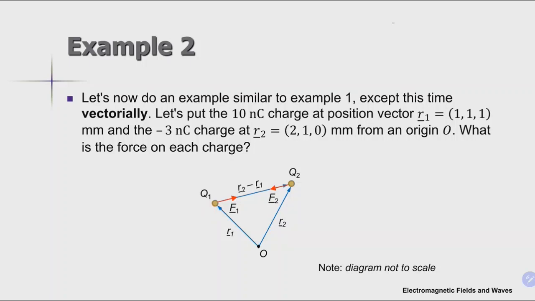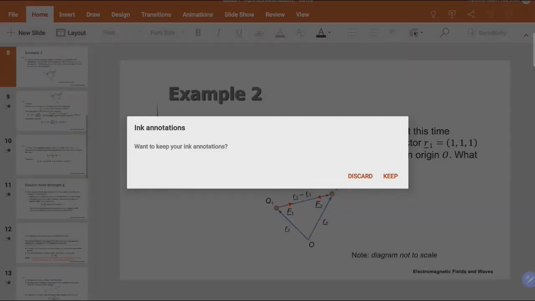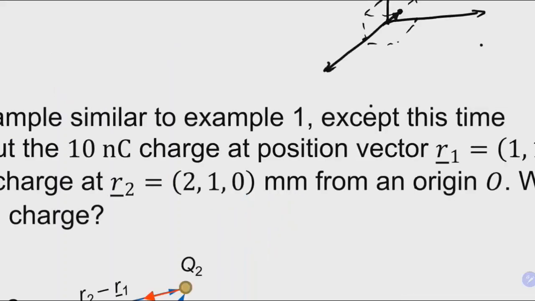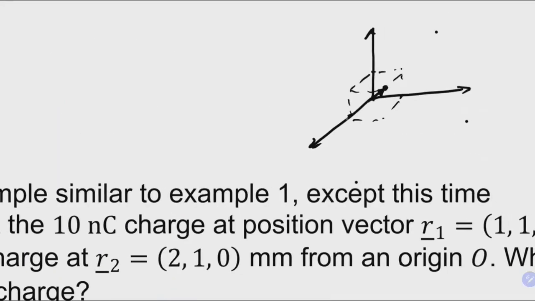So meaning that if I want to draw this in my 3D space, we have a vector something like this. Okay, so we have 1, 1, 1, and then we have our Q1 here.